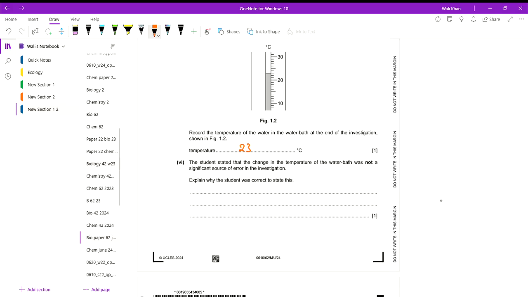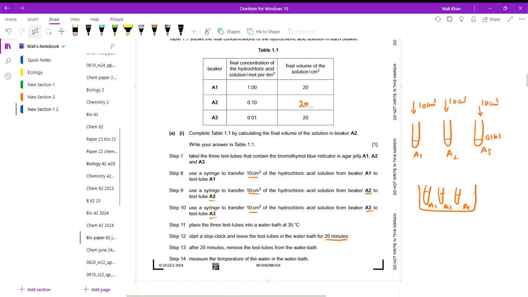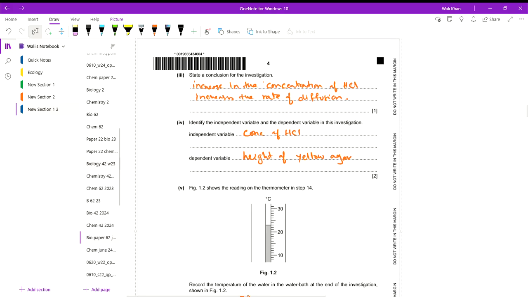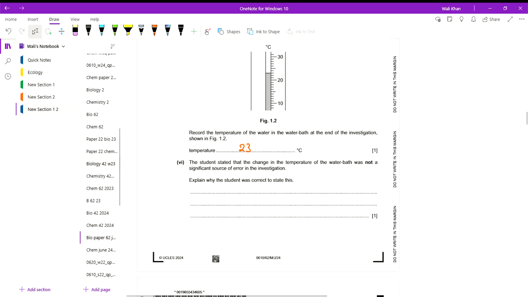The student stated that the change in the temperature of the water bath was not a significant source of error in the investigation. Explain why the student was correct to state this. The first temperature recorded in the experiment was 35 degrees centigrade, and we placed the test tubes in the water bath for 20 minutes. After 20 minutes the temperature went down to 23 degrees centigrade.